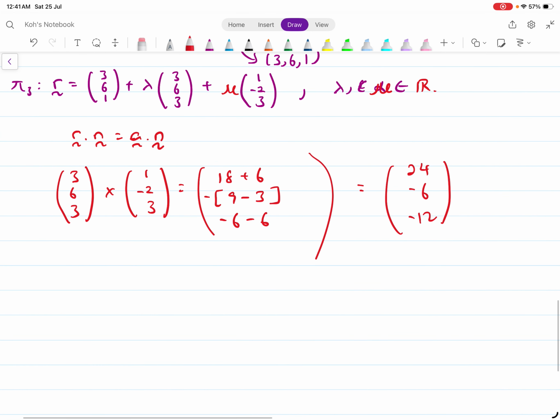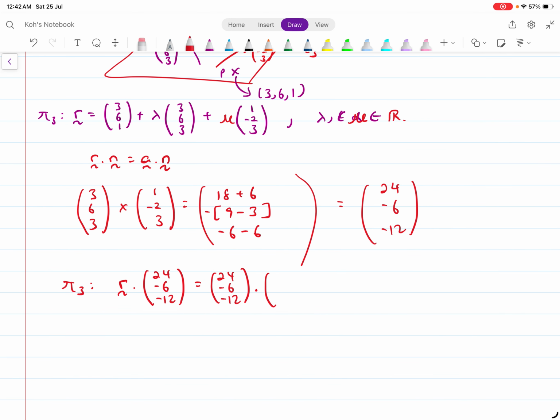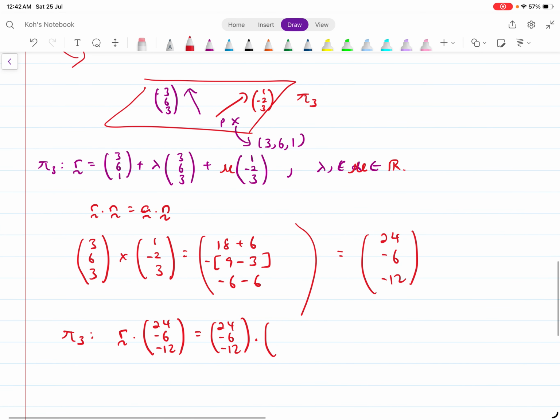So plane 3 is r dot (24, -6, -12) equal to a dot n, which is n dotted with a position vector lying on plane 3, (3, 6, 1).